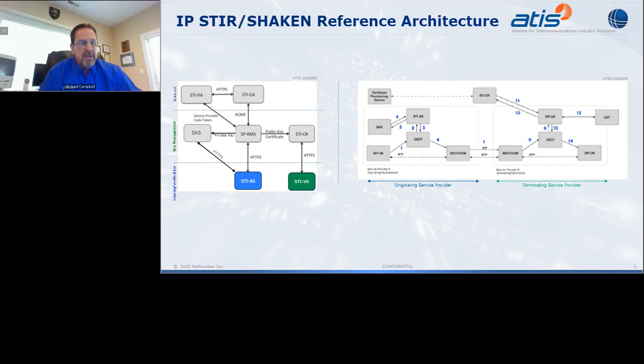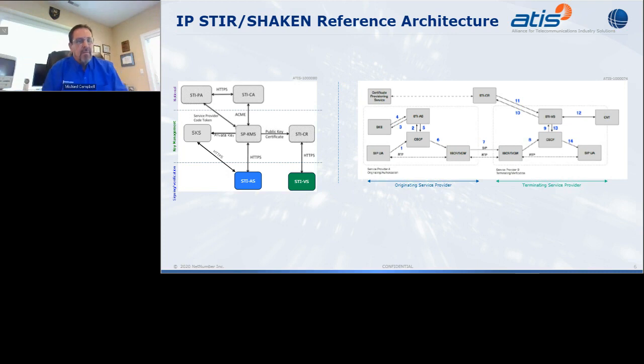The business of signing calls and verifying those signatures are the two boxes in color at the bottom. STI-AS, the authentication service, is the thing that asserts the attestation and signs that off. And the STI-VS, the verification service, is the terminating network's function, if you will. It decodes the attestation, pulls it out, and does what's necessary.